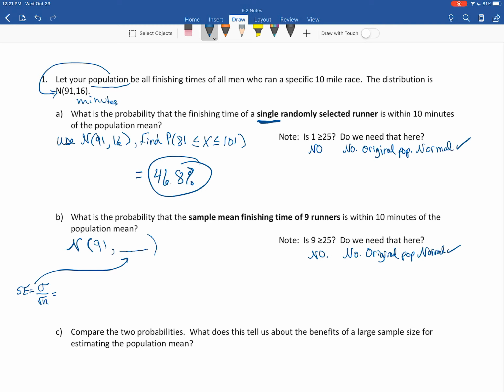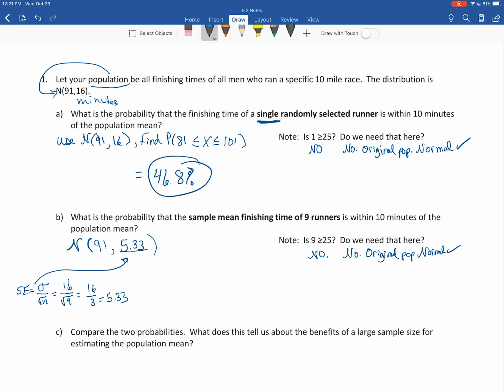So the standard deviation is 16 over the square root of 9. So 16 over 3 equals approximately 5.33. That's what we're going to put here. Just like we always had to calculate those in chapters 7 and 8, we still have to calculate that value now using our new formula.